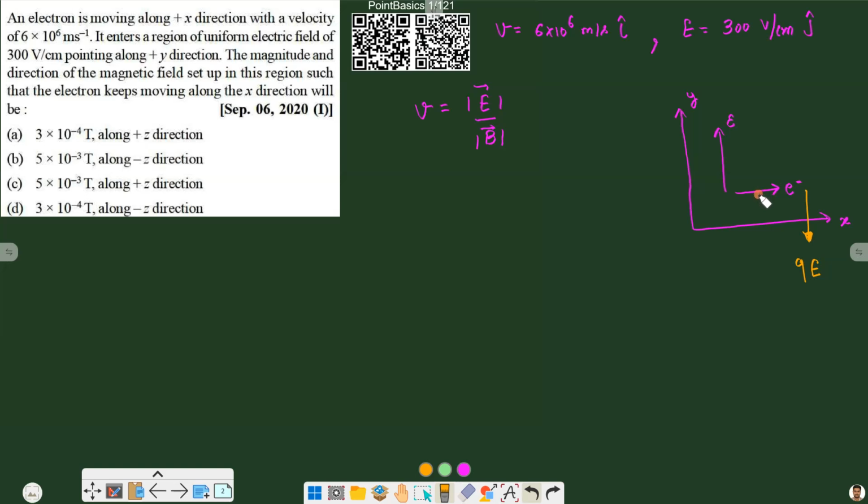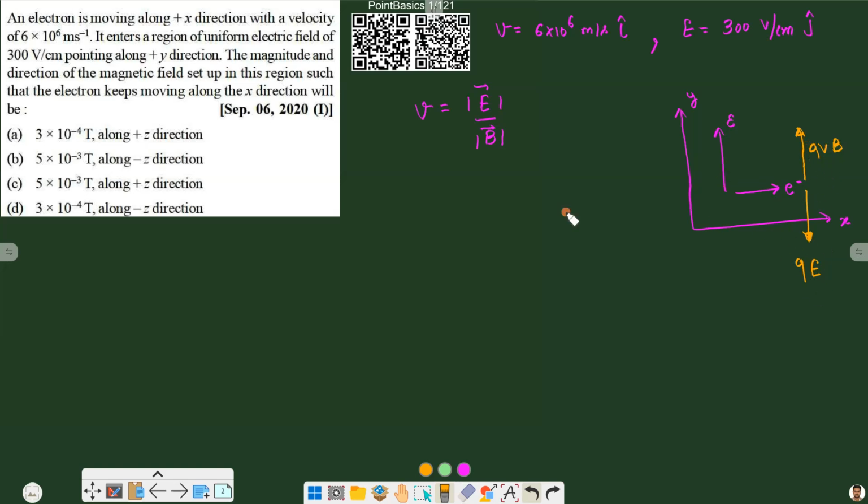Now, as asked in the question, the electrons should move in a straight line, so we have to apply a magnetic field such that this happens. First of all, the force by the magnetic field should cancel out the force by the electric field. So the magnetic force must act along positive y direction, and its magnitude is given by QVB.